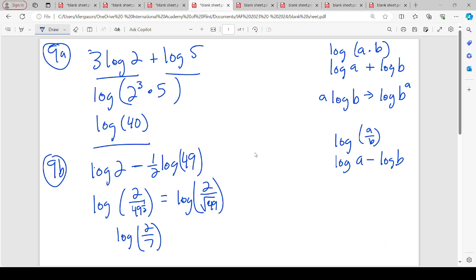Boom. Nope, that's 8. 2 times 2 times 2. It's not 3 to the 2nd power. It's 2 to the 3rd power. So 2 times 2 is 4. 4 times 2 is 8. Yes, sir. Fair enough. Okay.